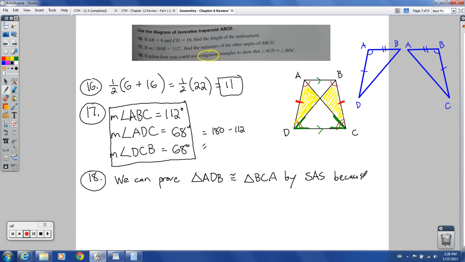Because I can say angle DAB is congruent to angle CBA, and that's given.